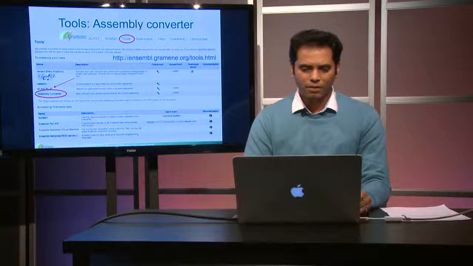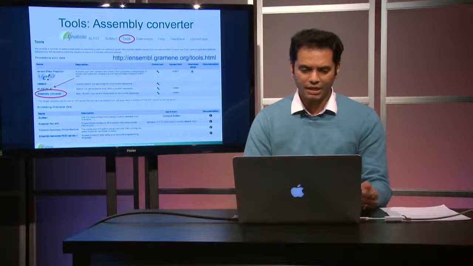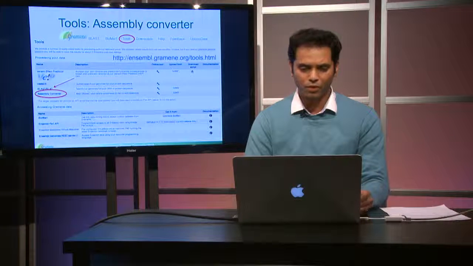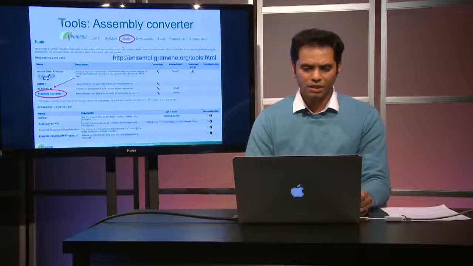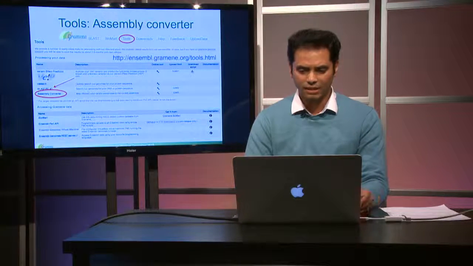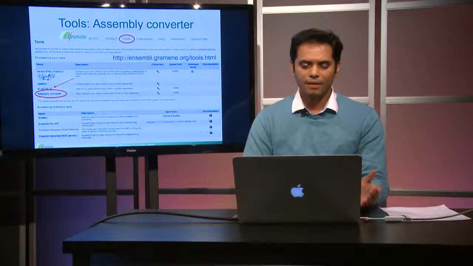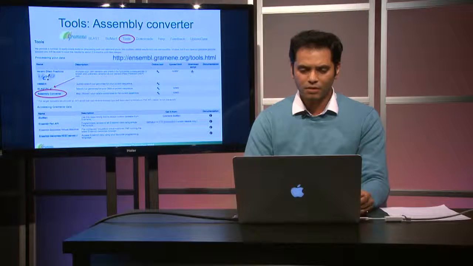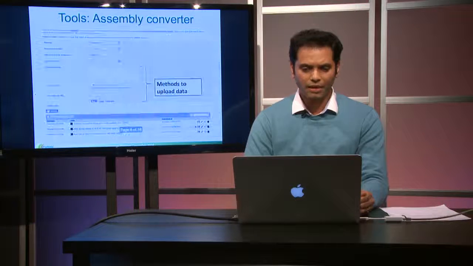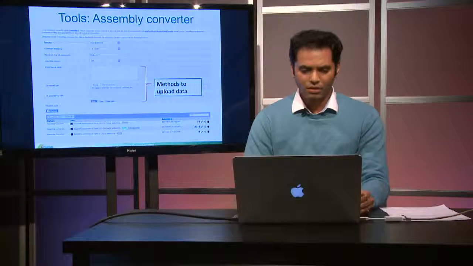On the Gramene browser, we have a suite of different tools. One of them is the assembly converter. You can find it from the menu bar by clicking on Tools, and you can see the link there. When you click on the assembly converter tool, it will bring up the job submission page.